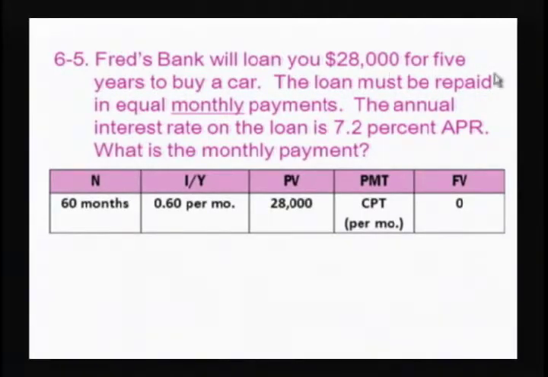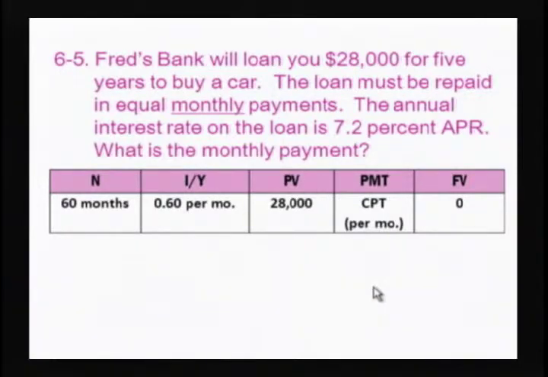With the 5-year loan, monthly, there will be 60 monthly payments, so N will be 60. We take the 7.2% APR and divide it by 12 to get a monthly rate, which is 0.6%, per month. We borrowed $28,000 up front, so that's our present value. There is no single lump sum future value involved, so we're just going to compute the payment, which will be a monthly payment because we've put in the number of months and the rate per month.